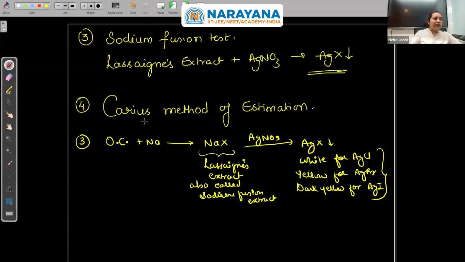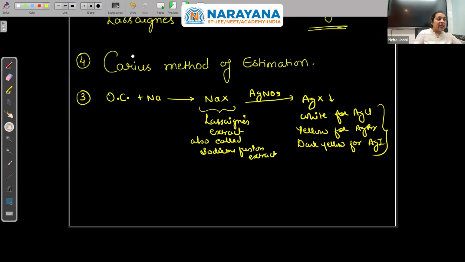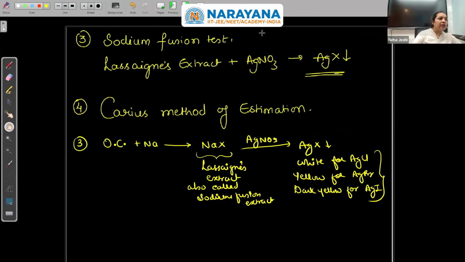Absolutely clear. Then comes the Carius method of estimation. Now see, the Lassaigne's extract method is a qualitative analysis, where you just confirm that halogen is there.